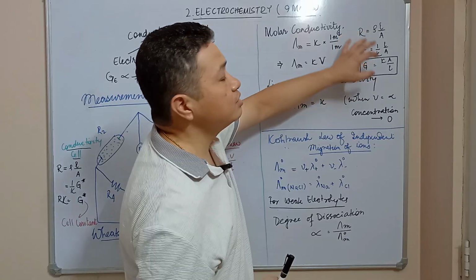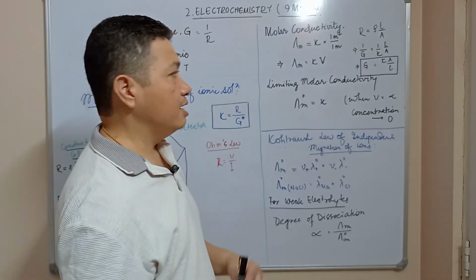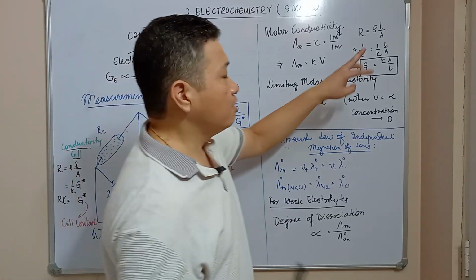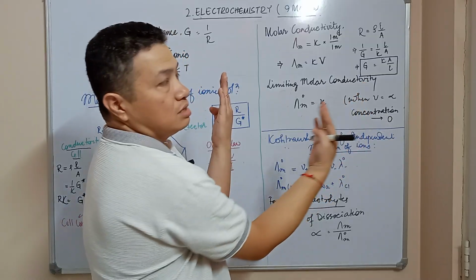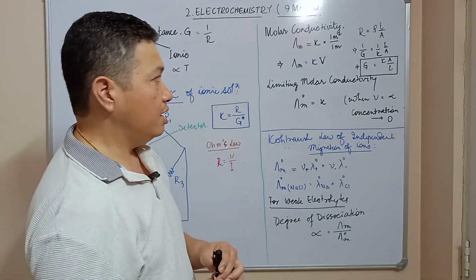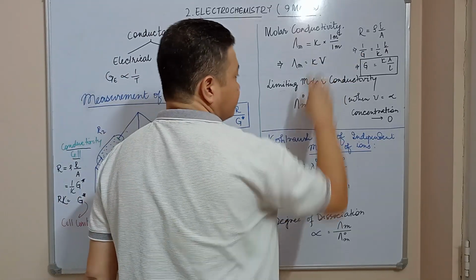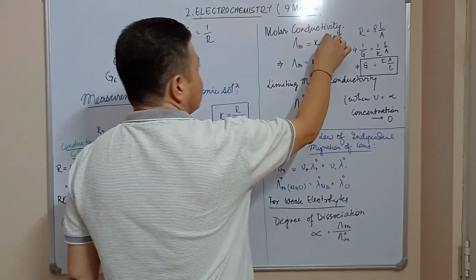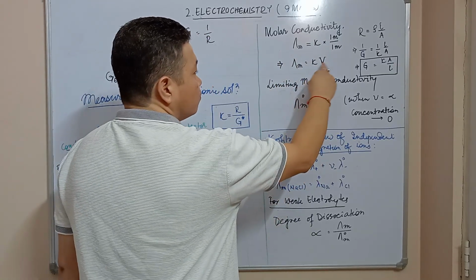Maybe square meter; if it is in centimeter, then centimeter square, and the distance is 1 centimeter. If it is in meters, the area of cross section is 1 square meter, and the distance between the two platinum electrodes is 1 meter, having unit area with a unit length, or in the unit volume. So molar conductivity of an ionic solution is nothing but the conductivity of the ionic solution with a unit volume.